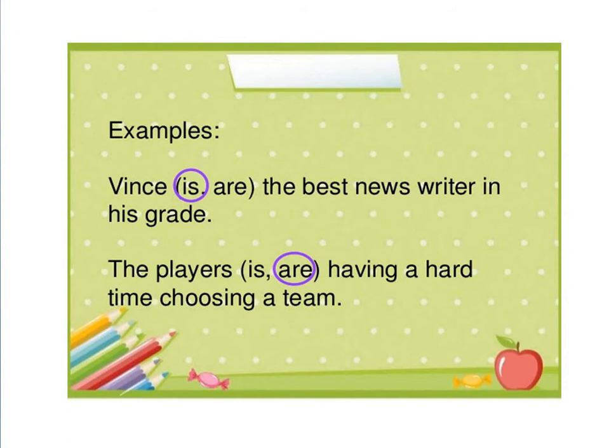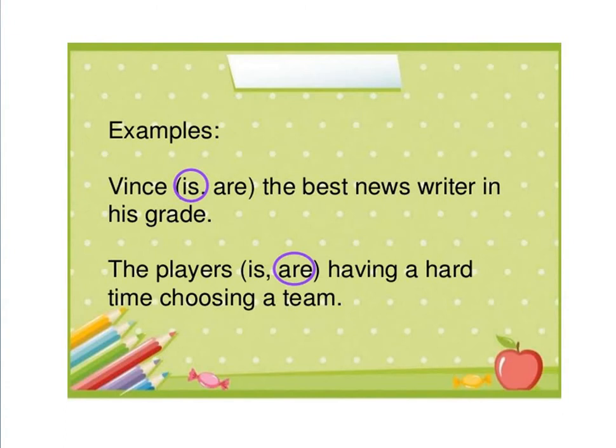But by the pronoun his, we get the idea that Vince is a person, which is singular. So a singular subject takes a singular verb. We are not supposed to write, Vince are the best news writer in his grade. Instead we follow subject-verb agreement: Vince is the best news writer in his grade.